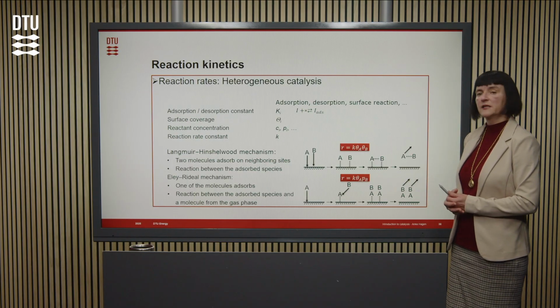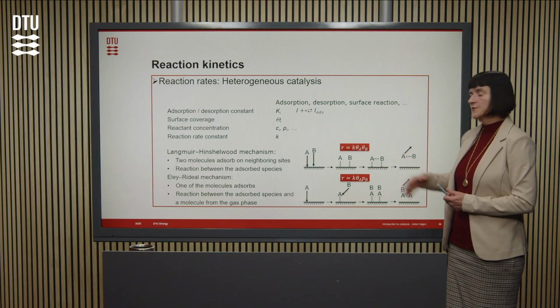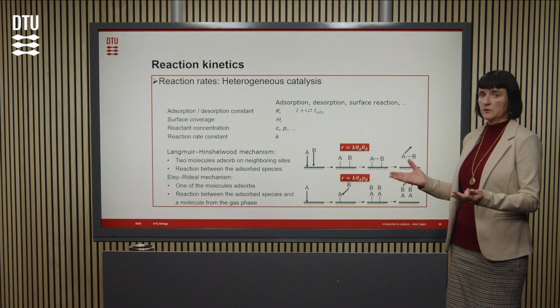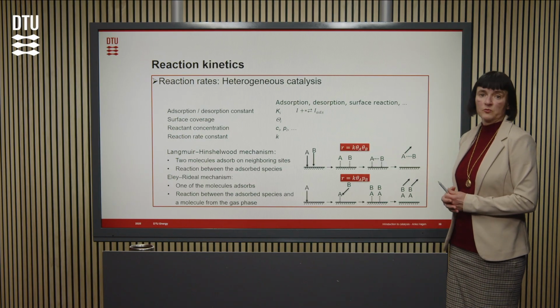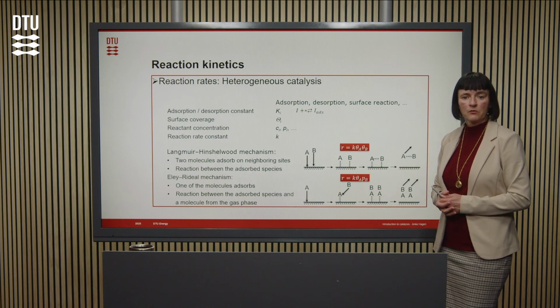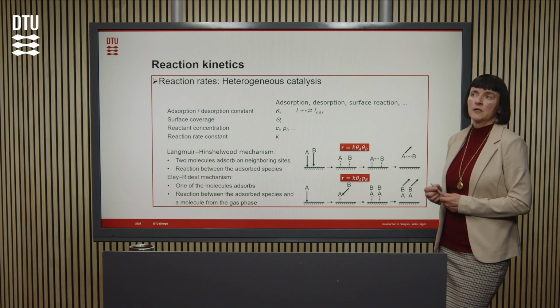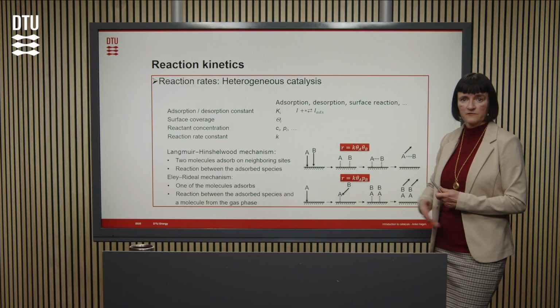However, the concentration in the gas phase, they play a role for reaction rate. While here, the gas phase B or A species don't play a role for the reaction rate, only the adsorbed species. So that is actually then also quite important to know in order to know which parameters I change in the reactor to achieve the highest conversion, the fastest reaction.